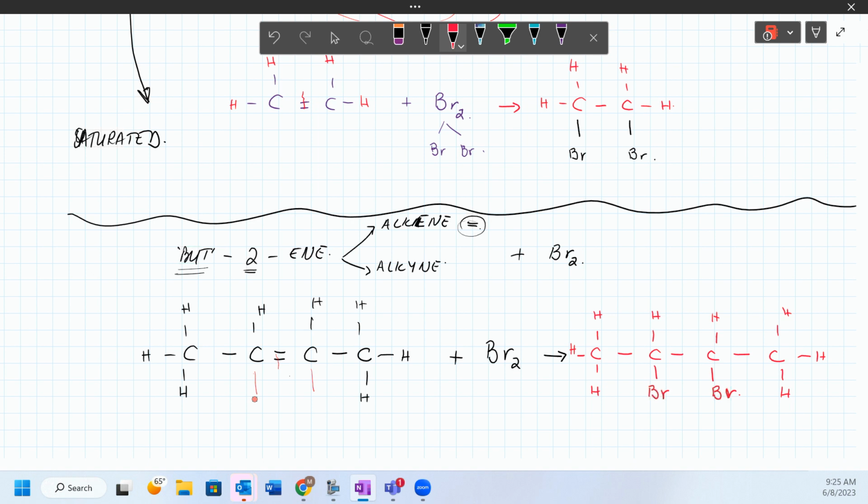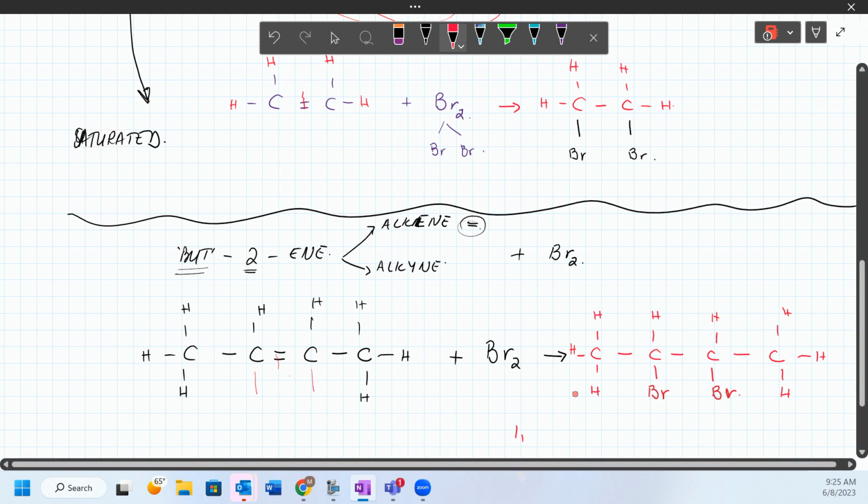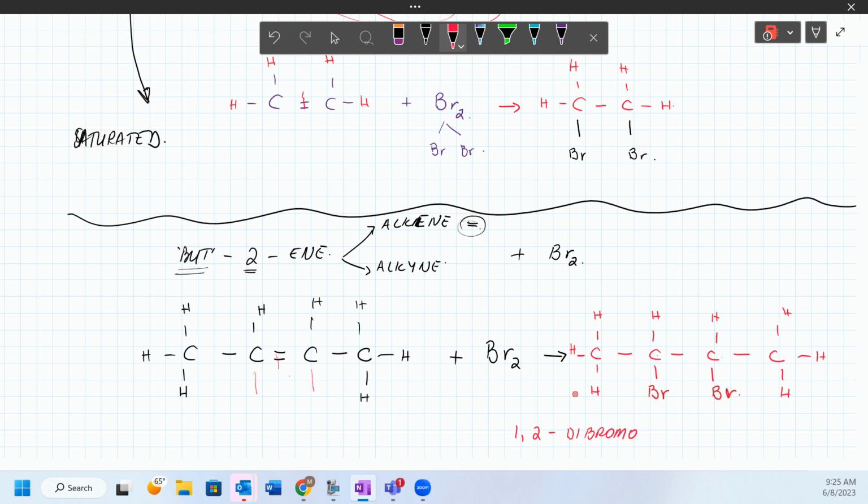So now what we have is a halide, okay, because we have the Br here, and we have them at 1, 2, dibromo, and then 1, 2, 3, 4, because it doesn't change, butane.